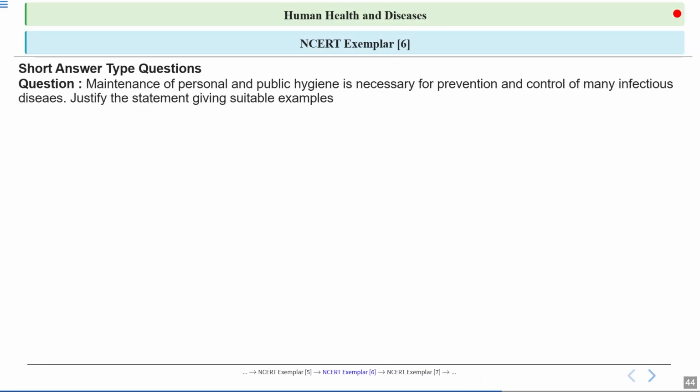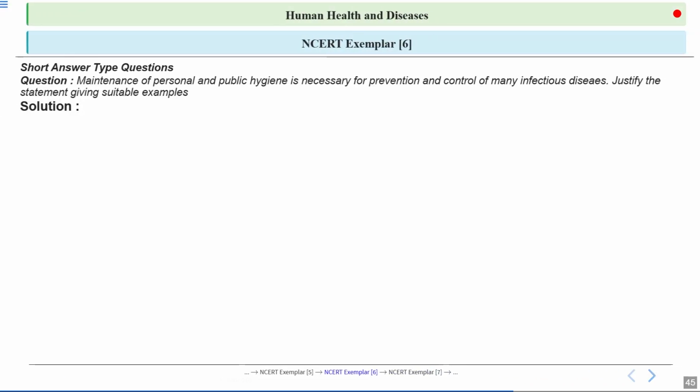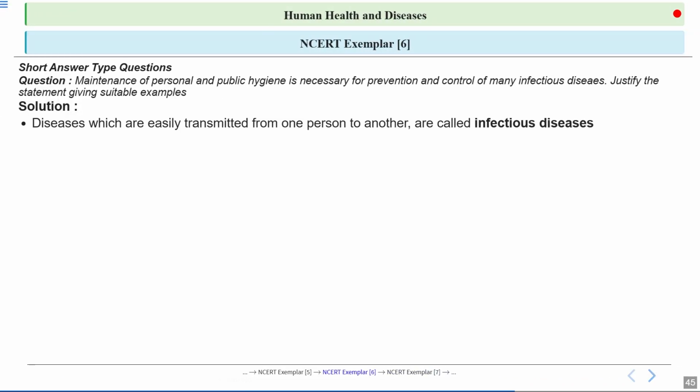The next question is, maintenance of personal and public hygiene is necessary for prevention and control of many infectious diseases. You have to justify the statement giving suitable examples. Okay, so diseases which are easily transmitted from one person to another person are known as infectious diseases.